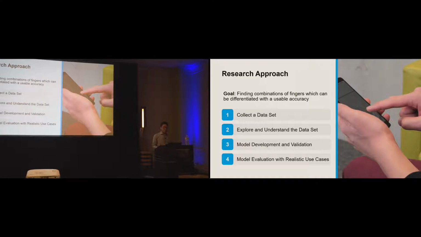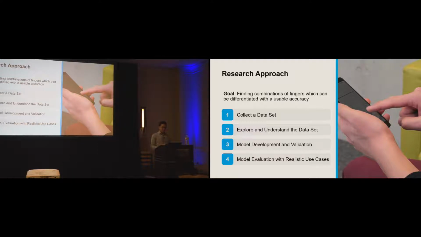We follow 4 steps to find finger combinations that are usable. First, we collect a representative data set of touches by all fingers, and we also share this data set with the community to enable them to do further investigations. In a second step, we explore the data set to find distinctive features that help us to understand the differences between all the fingers.